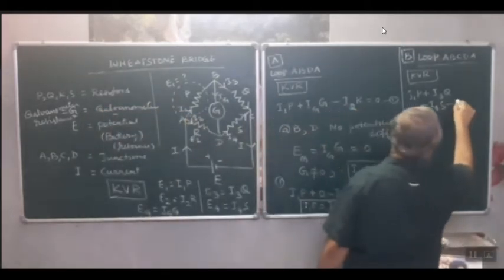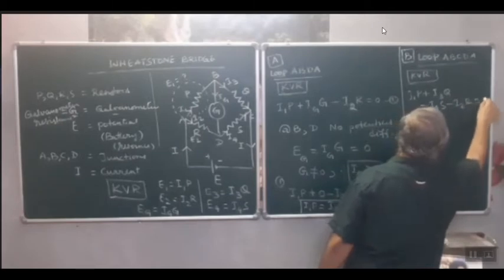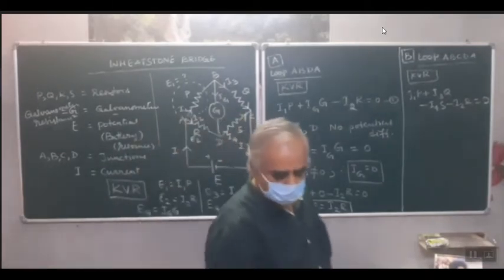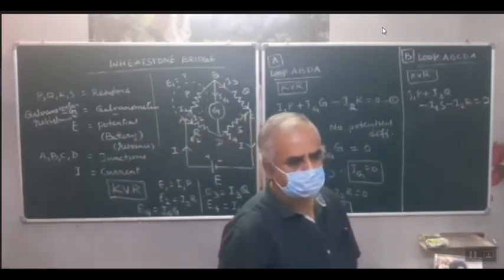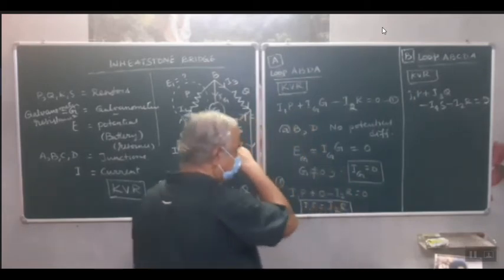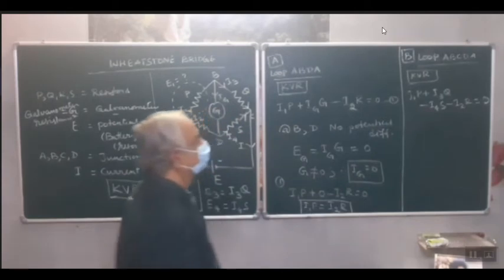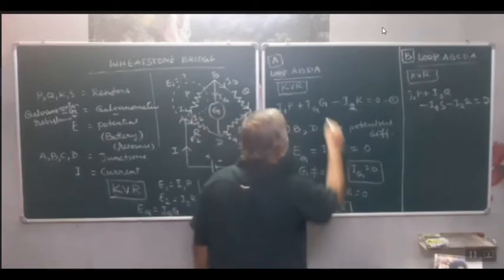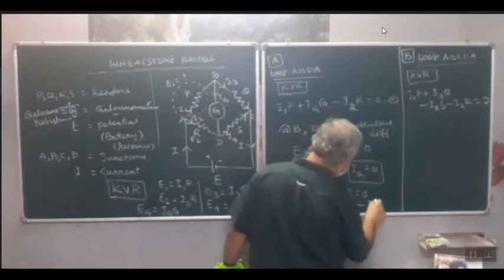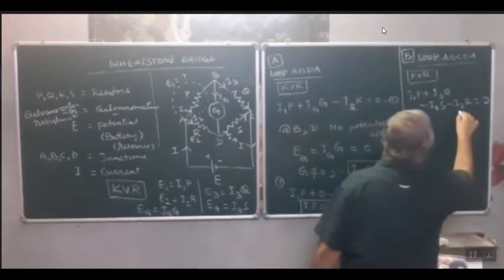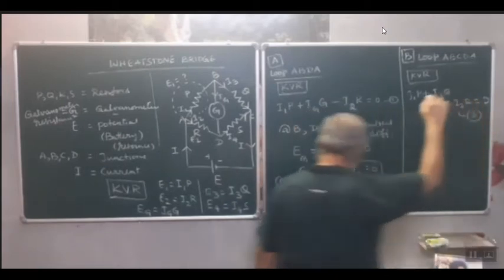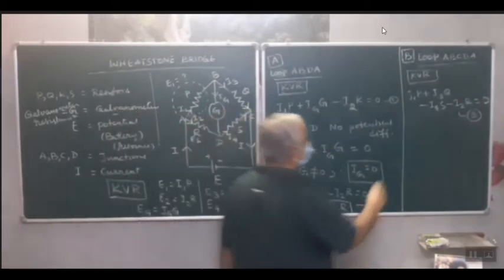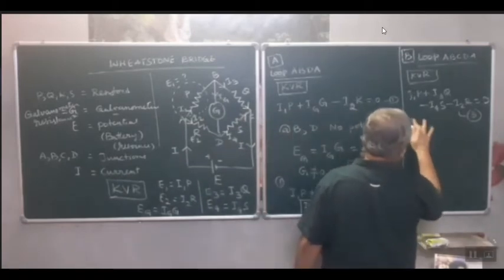And similarly in the opposite direction, minus I2R. So let us represent that equation by 3.